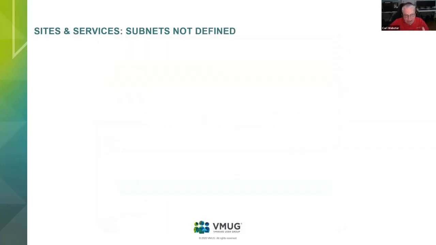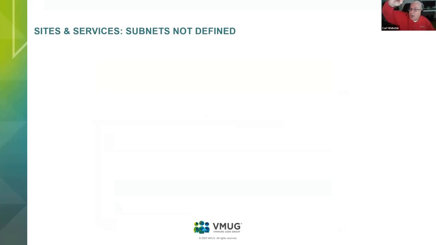All right, as I previously mentioned, subnets not defined. So for our virtual desktops, this is one of the most critical things for user logon experience. I mean, number 1 and number 2 are like 1A and 1B.